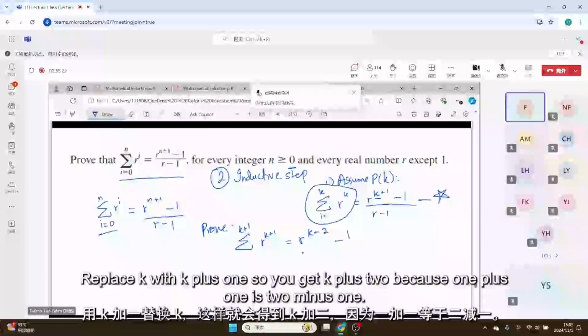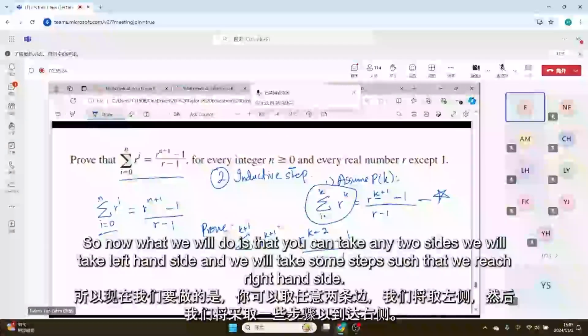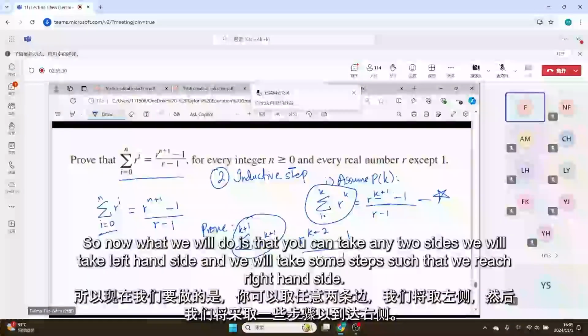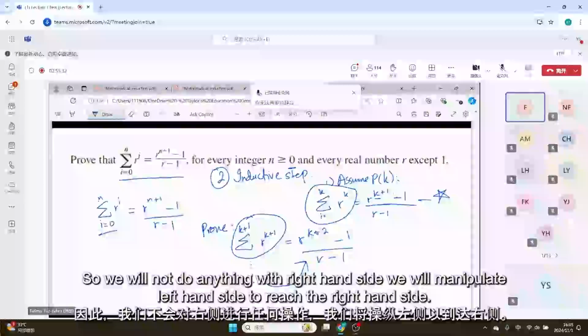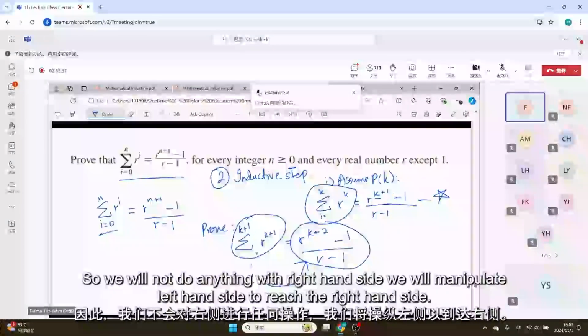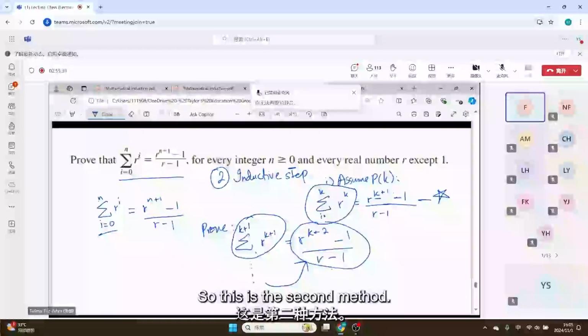Now you can take any one of the two sides. We will take the left hand side, and we will take some steps such that we reach the right hand side. We will not do anything with the right hand side. We will manipulate the left hand side to reach the right hand side. So this is the second method.